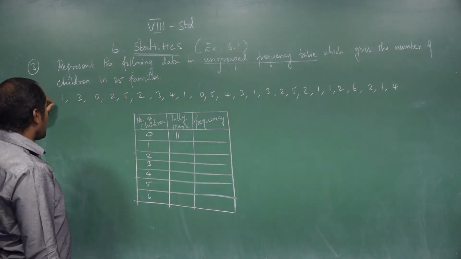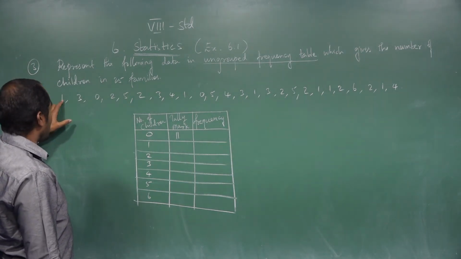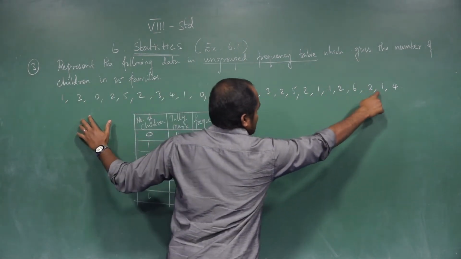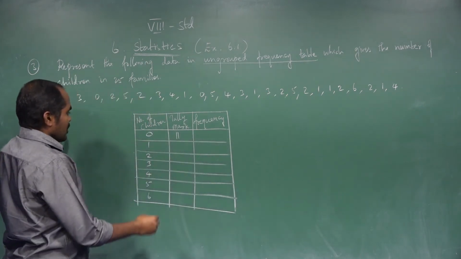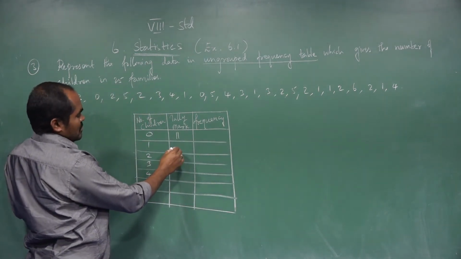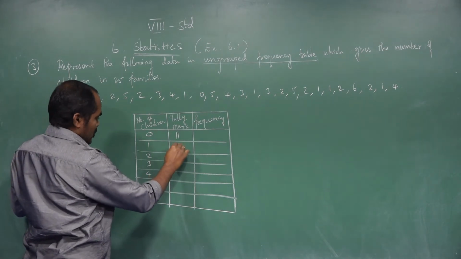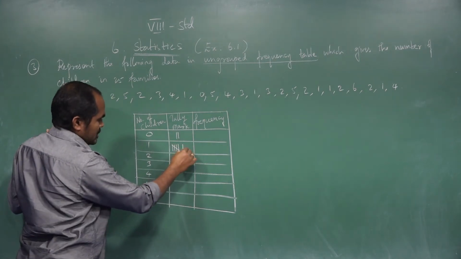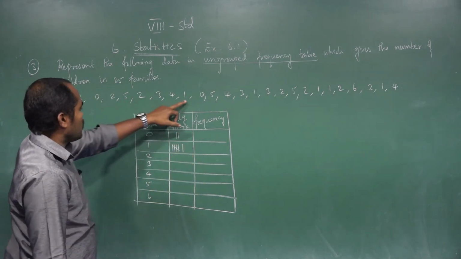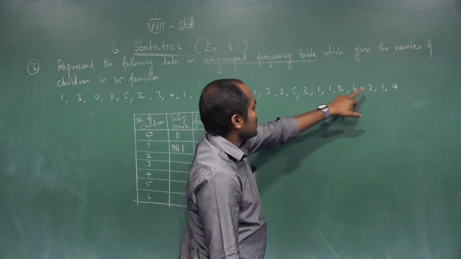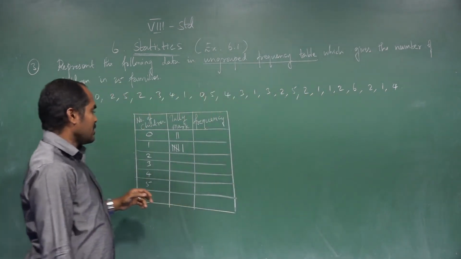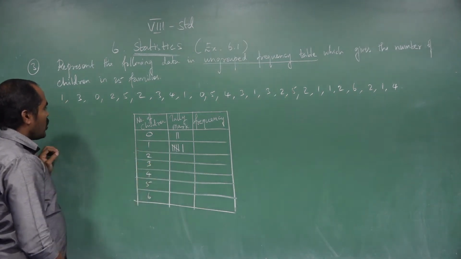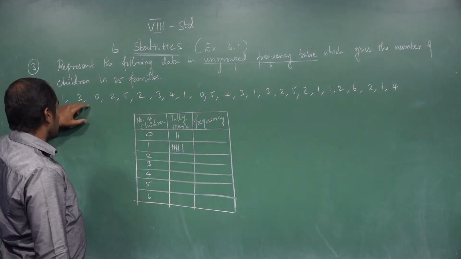How many families have 1 child? 1, 2, 3, 4, 5 and 6. So 6 families have only 1 child.